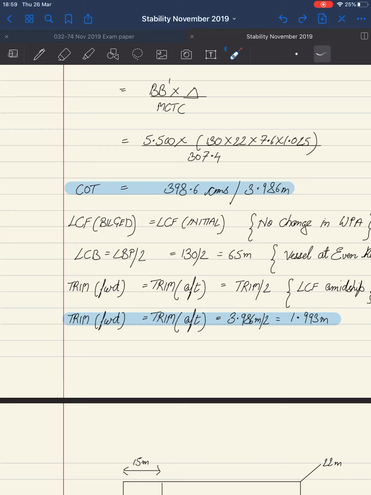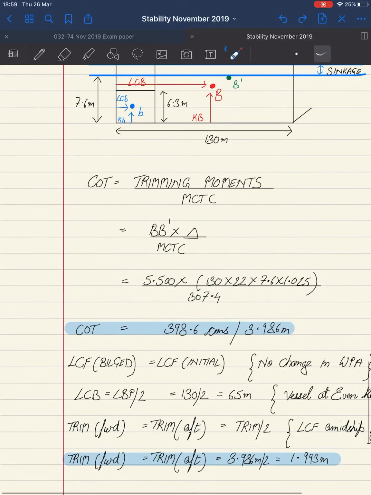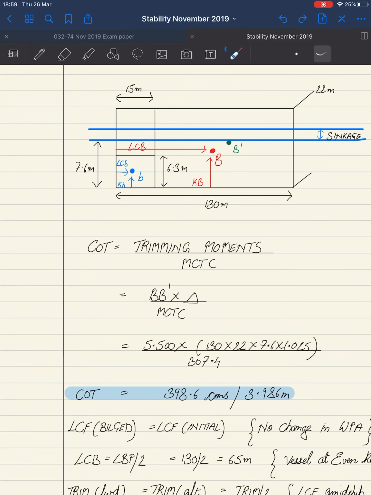Now we are supposed to find out the LCF bilged. Now LCF bilged will be equal to LCF initial because there is no change in water plane area between the initial condition and final condition. If we look at the diagram, when the vessel was floating and the compartment was not flooded, this was our draft, and this was the length of the vessel, this was the breadth of the vessel.